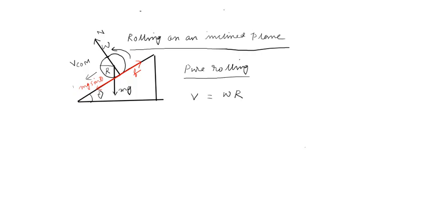Also its linear acceleration a is equal to alpha r, where alpha is the angular acceleration, because as the body comes down along this plane, its linear velocity and angular velocity both increase. These two relations must be satisfied because it is pure rolling.